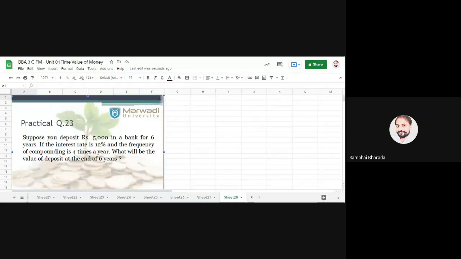How many months are required? So 3 months. After every 3 months, if you start from 1st April, that is April, May and June, then July, August and September, then October, November and December, and last January, February and March.